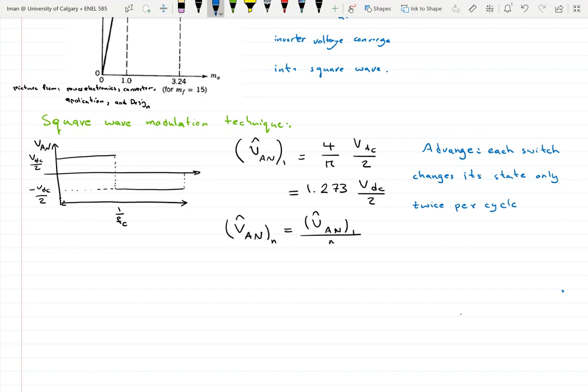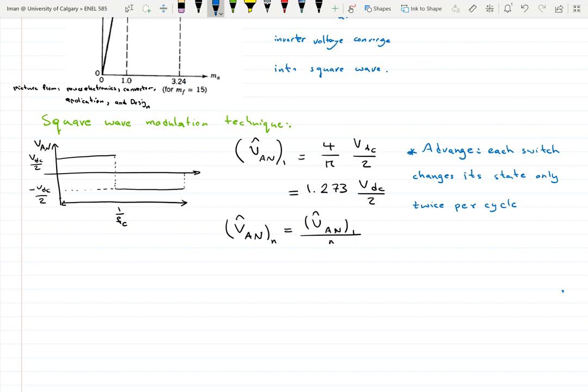As you can see, for example here and here is twice, but in the SPWM, if you remember, we had this sawtooth, and this would change like this. So we had a lot of switching happening at each cycle.